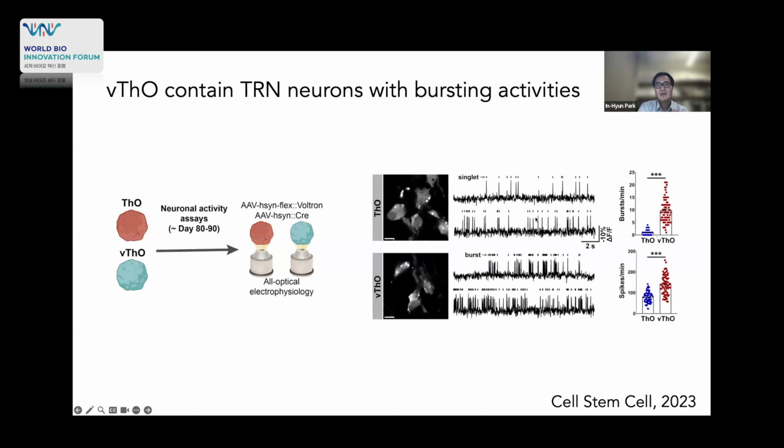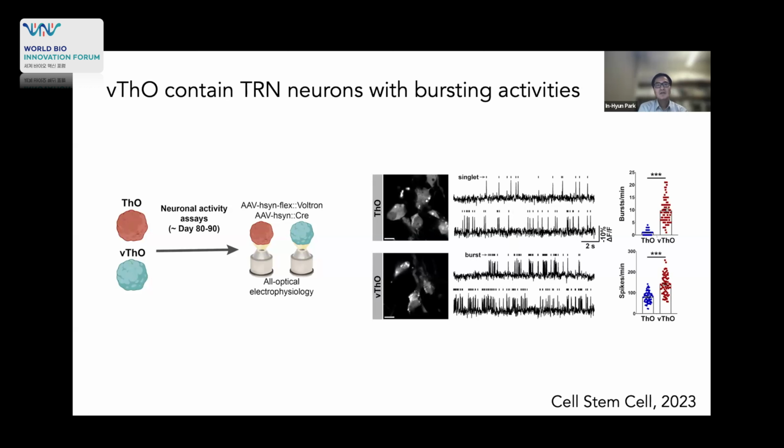As you can see, both thalamic and ventral thalamic organoids show neural activity, but especially the ventrally fated thalamic organoid shows bursting neural activity, which is known to be present in the specialized thalamic nucleus called TRN, the thalamic reticular nucleus.